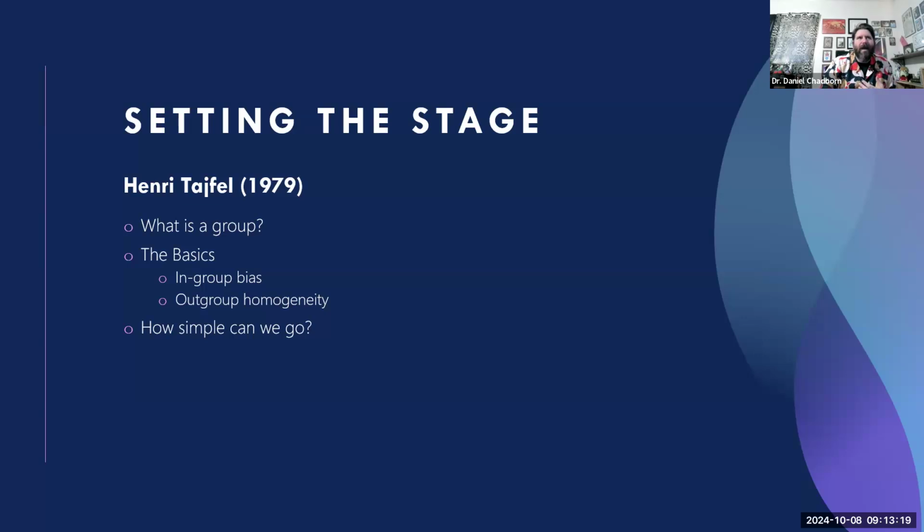People who never knew each other before coming into this study would be divided into groups A and B based on a heads or tails flip of a coin, and we would still see some of these group aspects build out. After a minimal amount of time together, the heads group would start to develop a more biased favorability towards their own group. They would define their own group as being more diverse and more different, whereas the tails group are more alike one another, and vice versa.